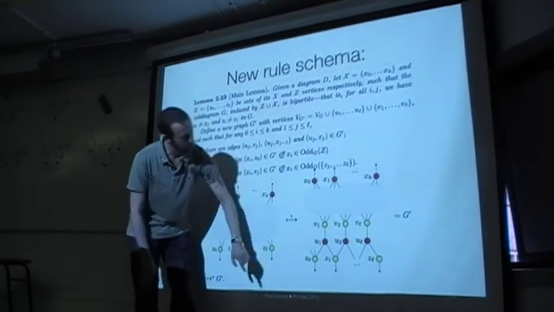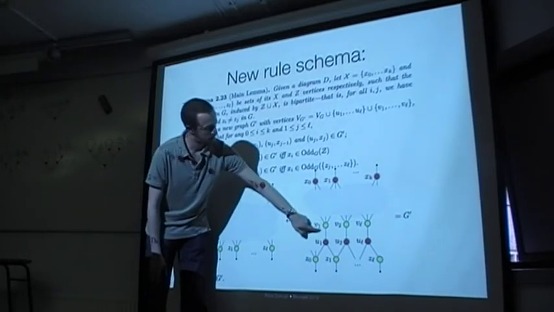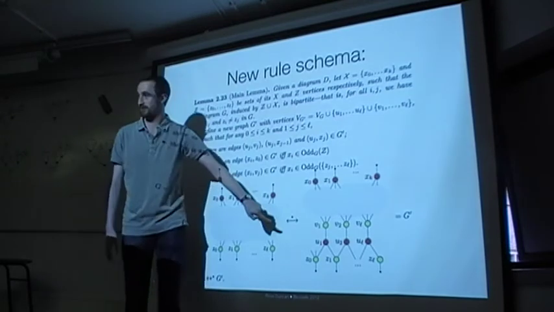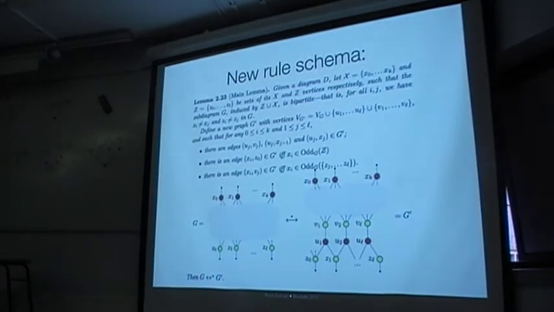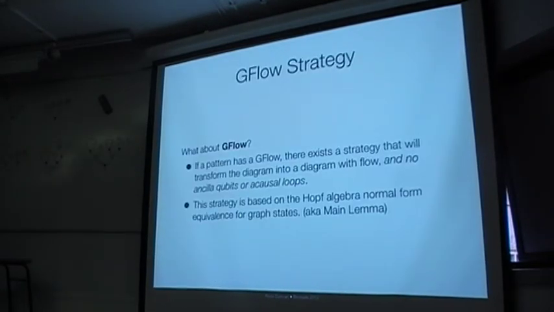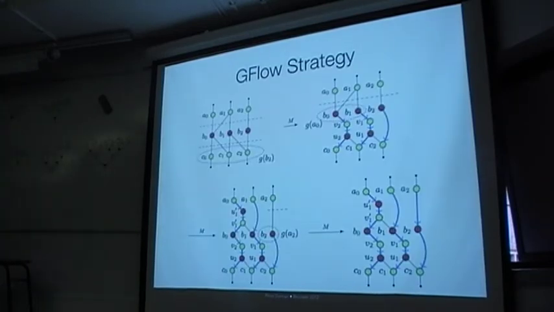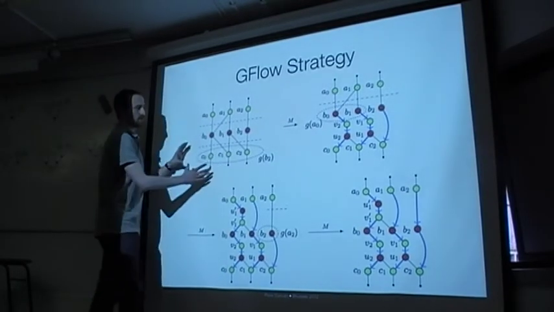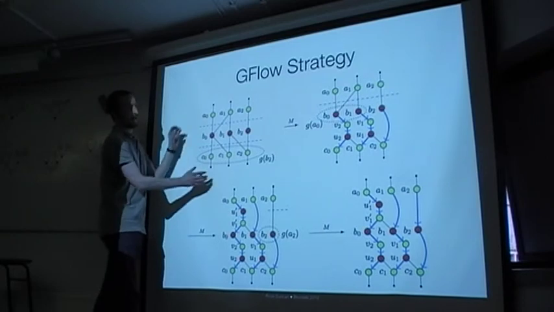But the nice thing about this is it has a particular structure where it has a very precise number of paths going through it. So the idea is that I can use this new lemma to rewrite my pattern with G-flow into something with flow.